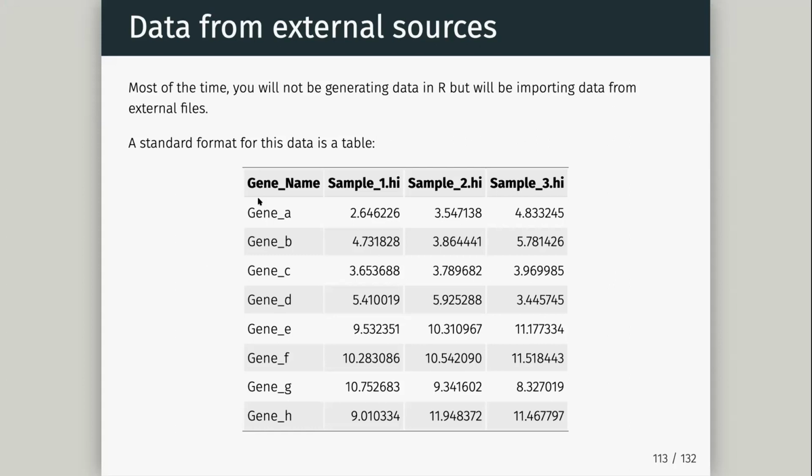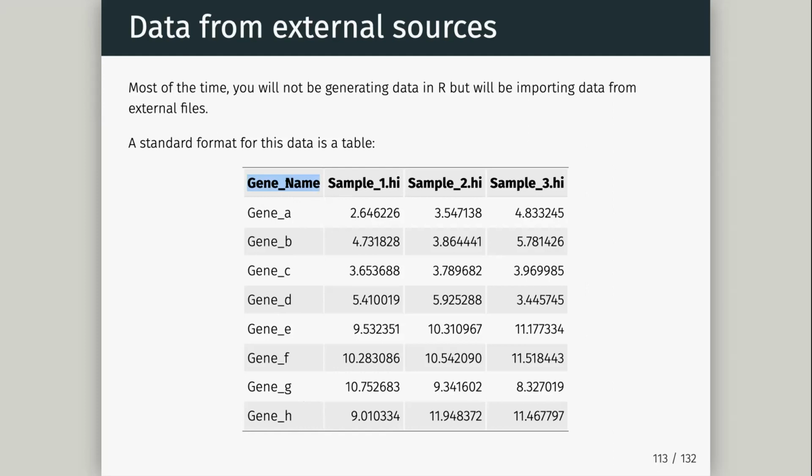But if you weren't doing genomics, most of the time we're going to be getting data from something like this table. We're used to looking at data in things like Excel, Prism, these all use tables. So it's a good way for humans to review data. This is a standard kind of format. We will have a metadata row and column, and we will often have rows and row names.